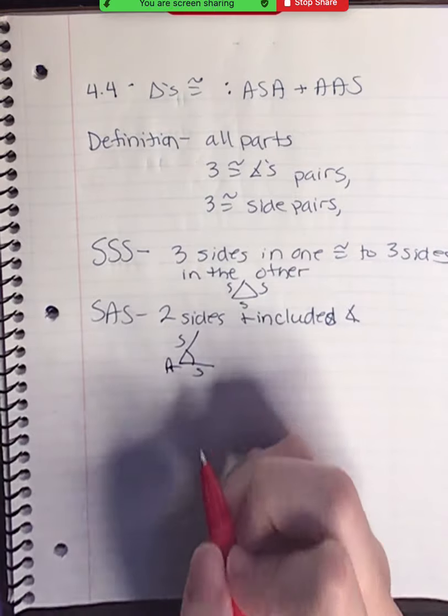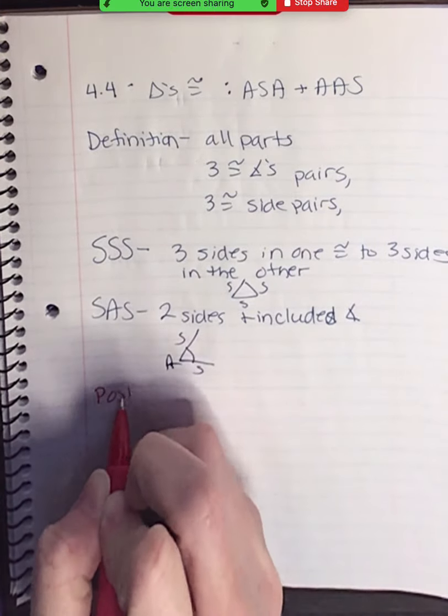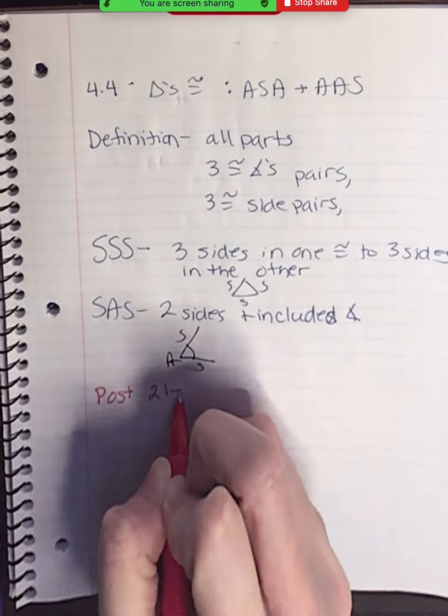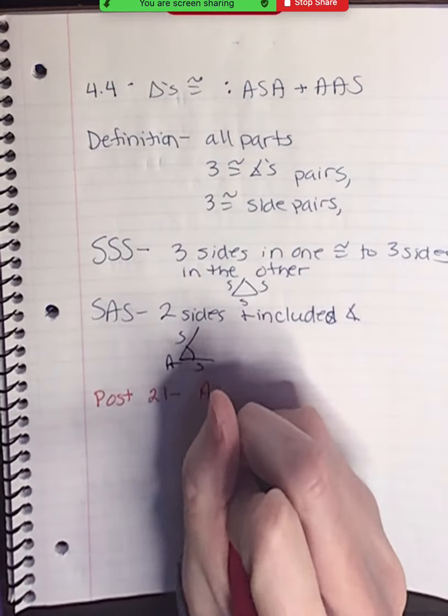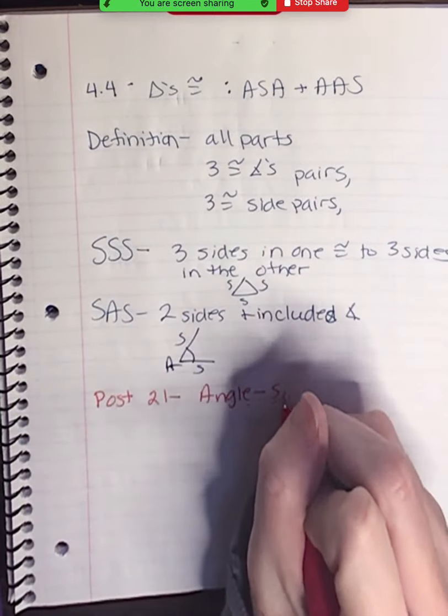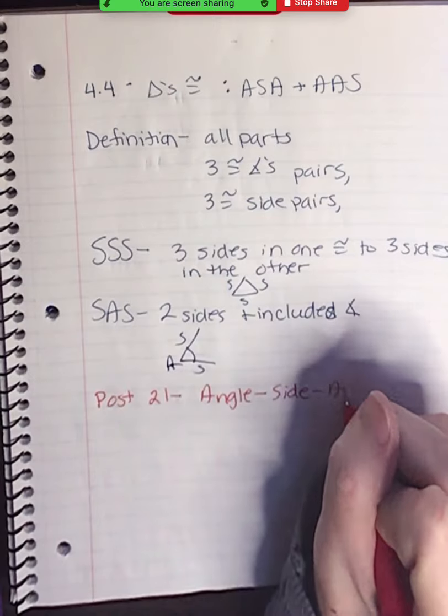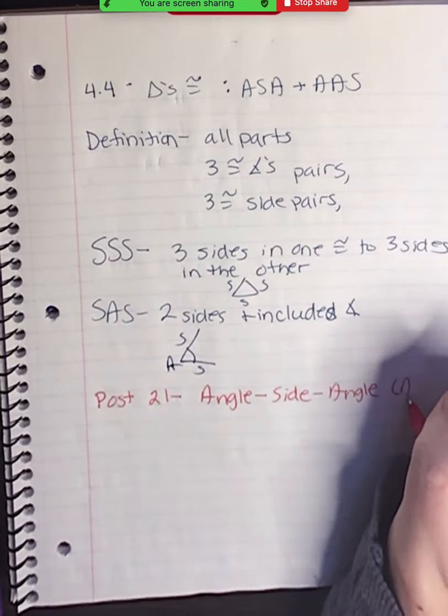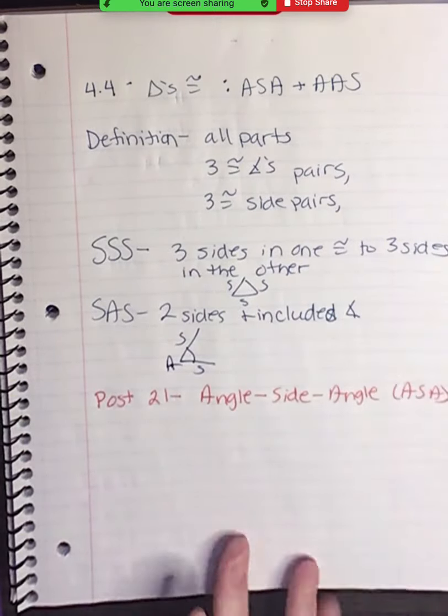So postulate 21 is angle, side, angle. And we use ASA for that abbreviation, okay?